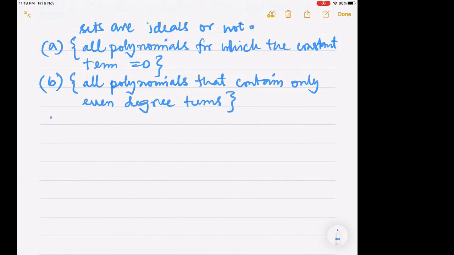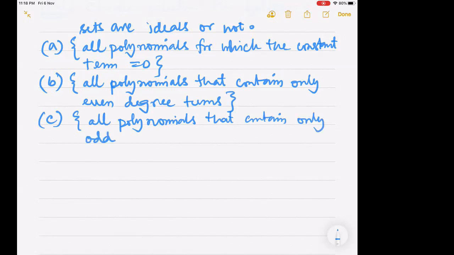Same, repeat, all polynomials that contain only odd degree terms. Yeah, check whether these are ideals or not.